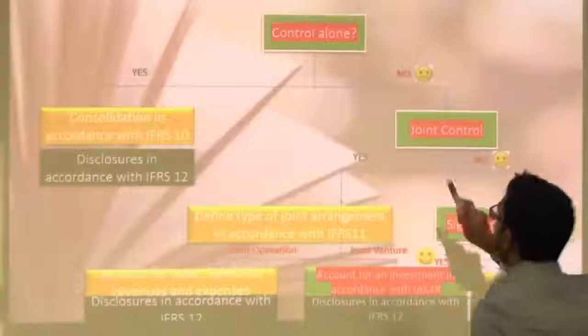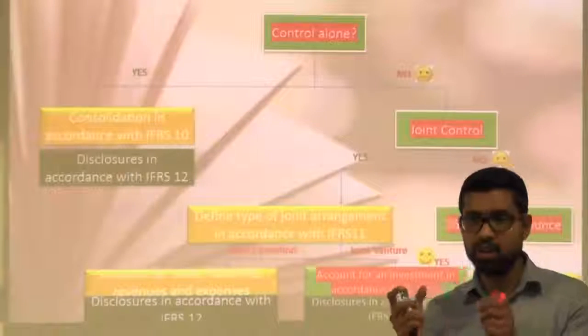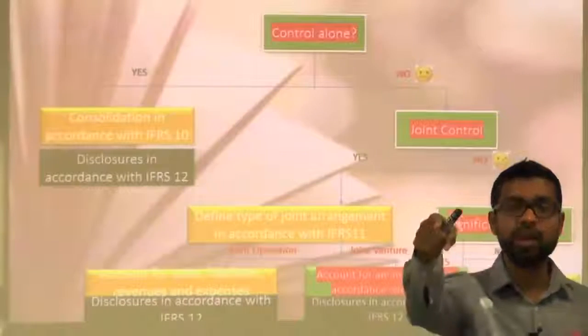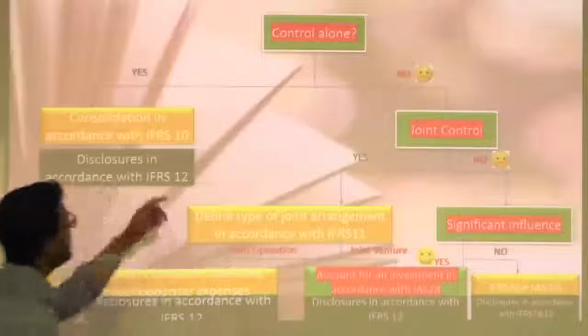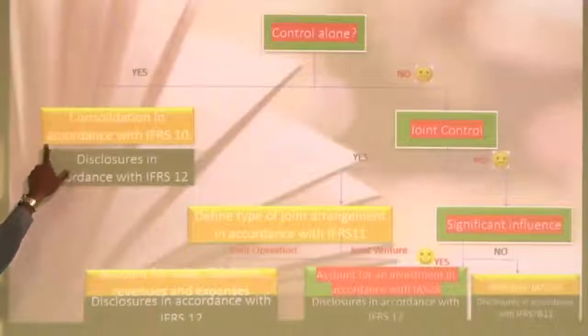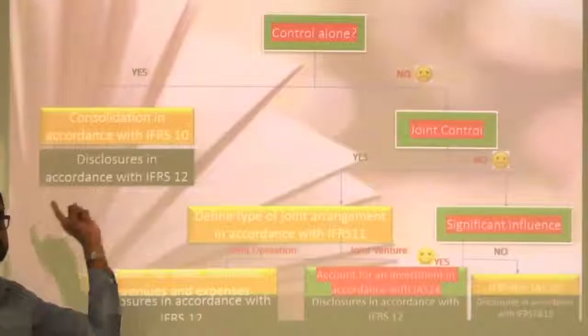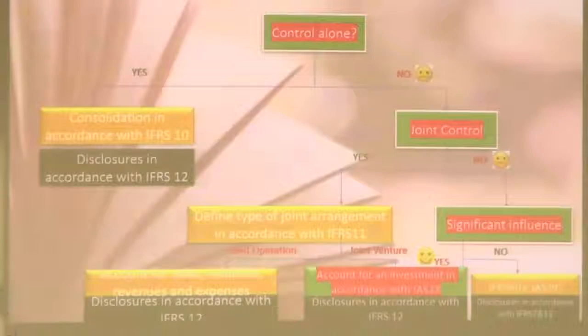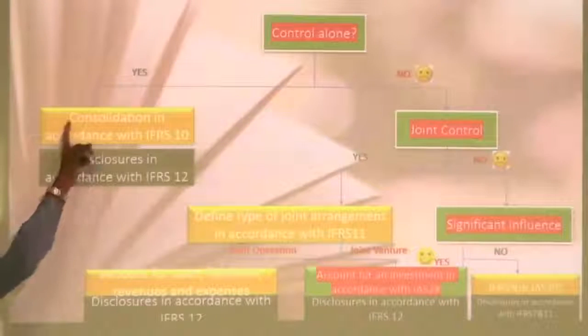Look at this: control alone. If you are controlling another entity alone, without support from any other party, then yes, consolidation is in accordance with SLFRS 10, and disclosures are in accordance with IFRS 12, SLFRS 12 in other words. After this slide, I am going to discuss this standard with you.